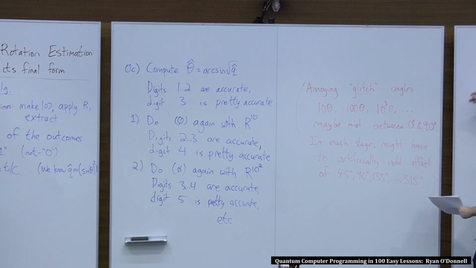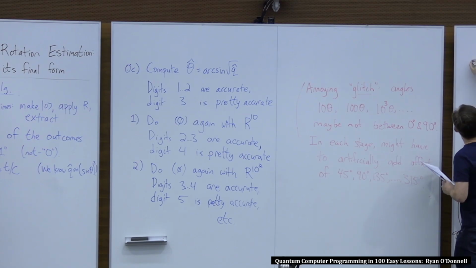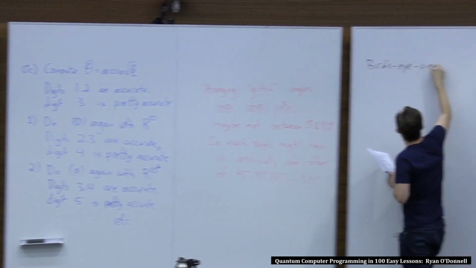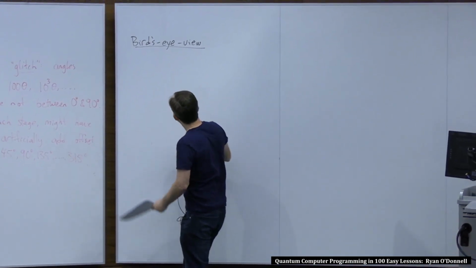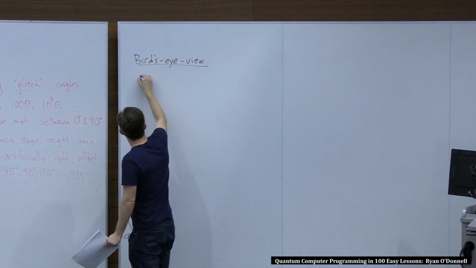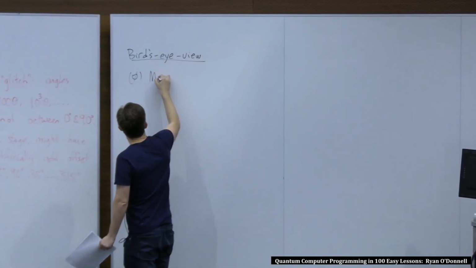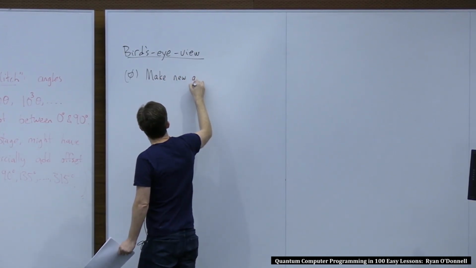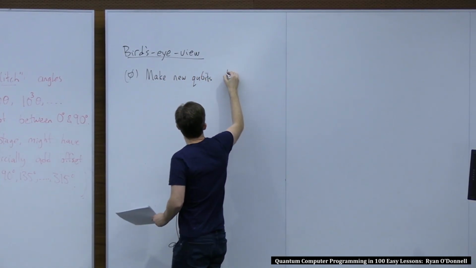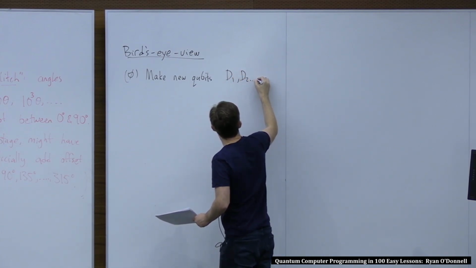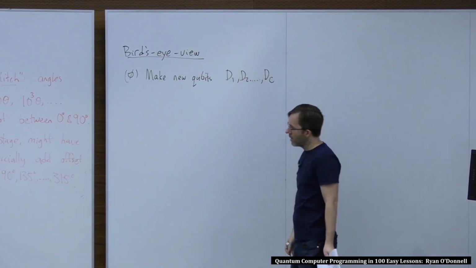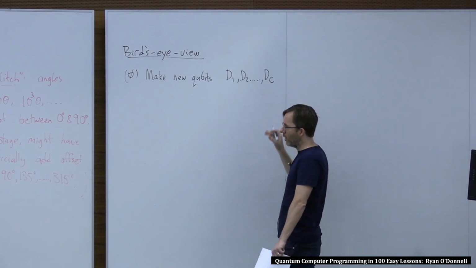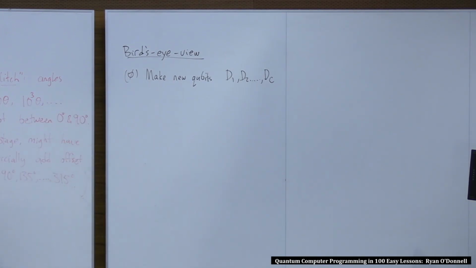So ignoring the glitch, which I'll mention briefly, here's an even further bird's eye view of this algorithm. It'll be nice to have later. Basically, in step 0, we're going to make new qubits, and I'm going to call them D1, D2, through DC. That's like some 100,000 qubits. I'm going to call these the data qubits. So let's make all C of these qubits first.